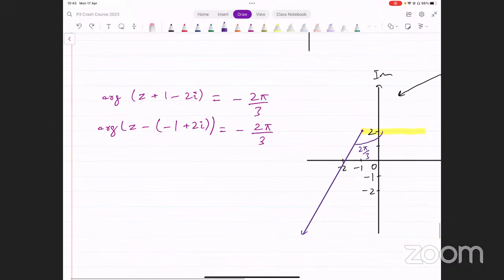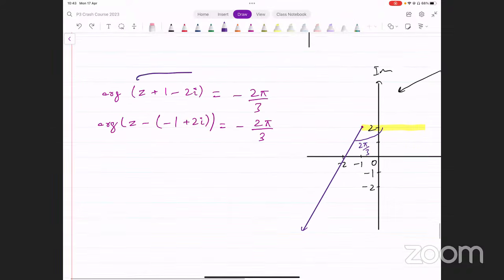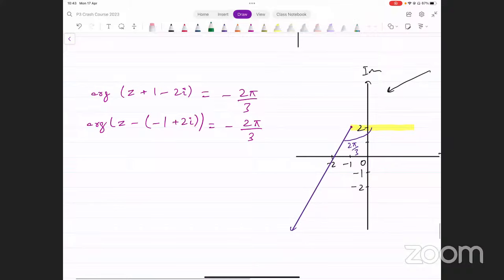Sometimes the form is not the standard form already. You have to take minus common. And if the argument is negative, you have to go in the clockwise direction like we did here. So the reference point was minus 1 plus 2 iota. That was right here. And then the angle from this point had to be minus 2 pi over 3.